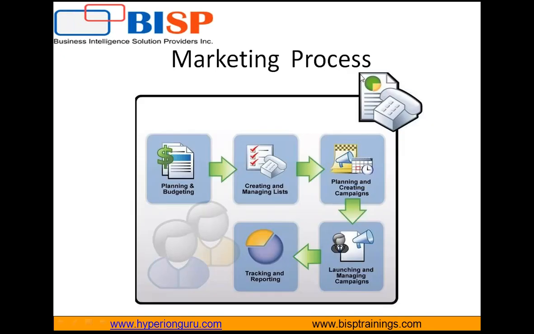You can see here it's a marketing process. In this marketing process, first of all, the company does the planning and budgeting for a product. After that, they create and manage lists. Then they plan and create campaigns, and after that they launch and manage campaigns. After the campaign has been launched and done, they will be tracking and reporting.